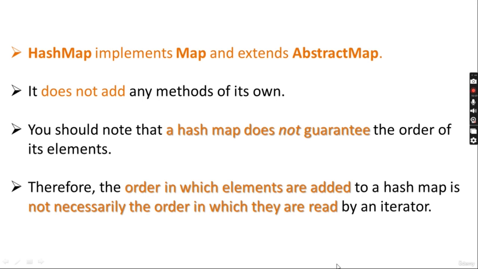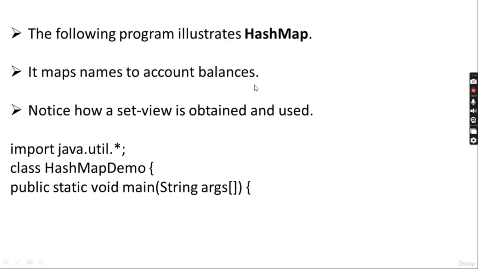The order in which elements are added is not necessarily the same as the order in which they are read. So when you add the elements and when you read them, the sequence will not be the same. We will see an example of HashMap.